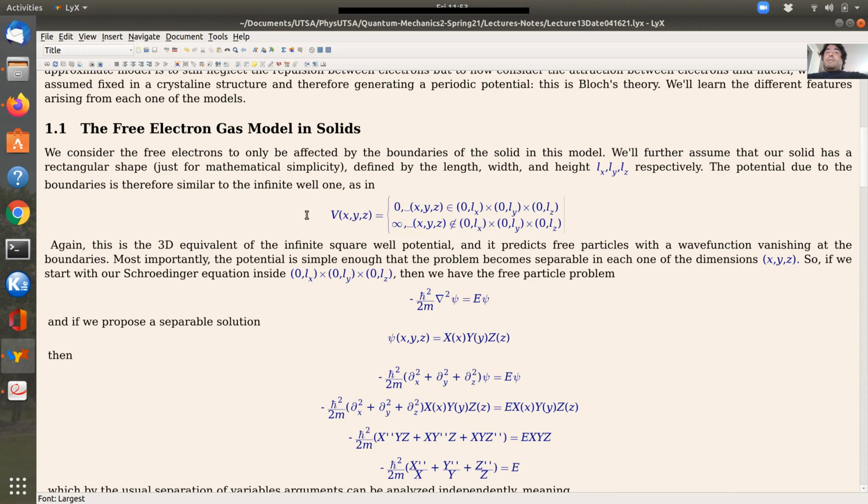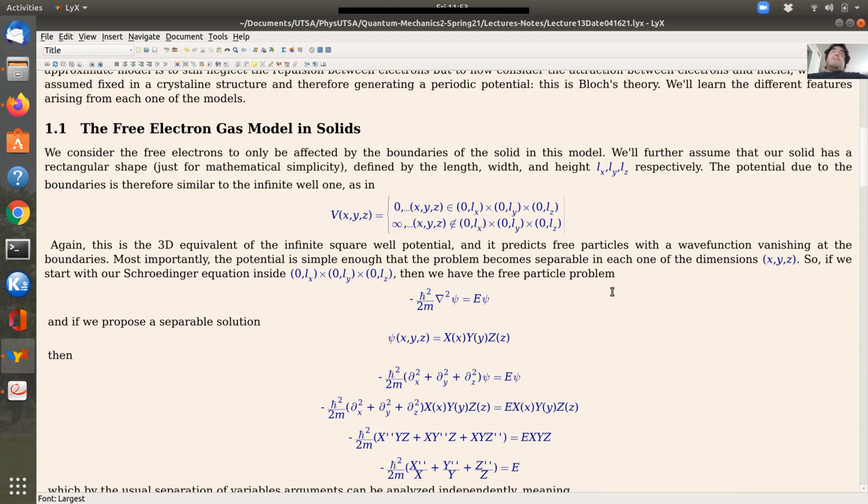So it's basically the 3D analog of the infinite square well, but for this 3D rectangle. So the potential is defined like this. If you are in the interior of the box, defined by 0 to Lx, 0 to Ly, 0 to Lz, the potential is zero, but at the boundaries and outside, the potential is infinity. So clearly it's the 3D equivalent of the infinite square well potential.